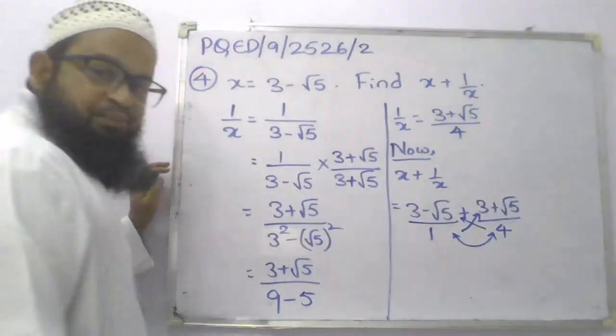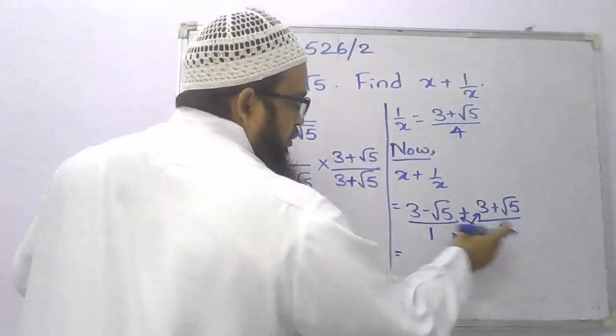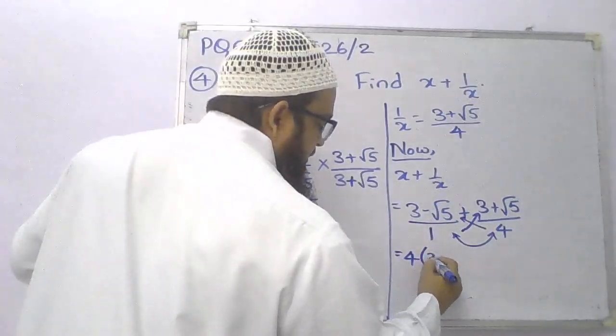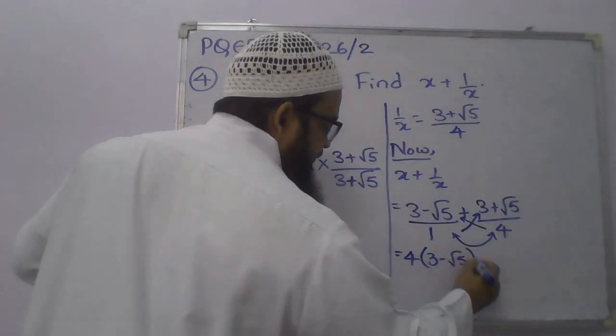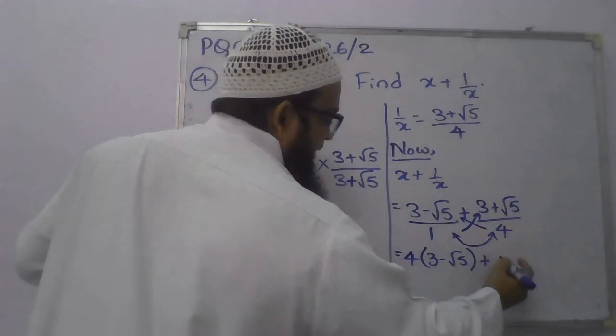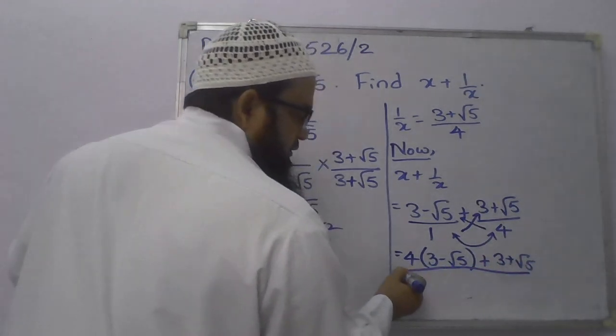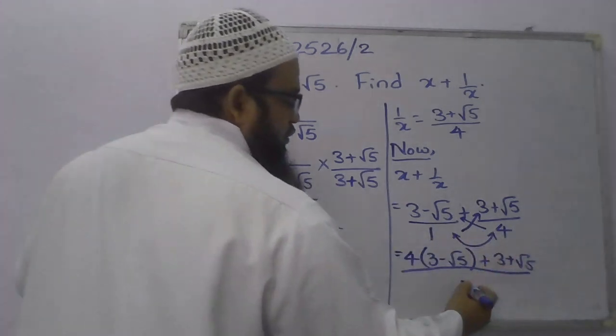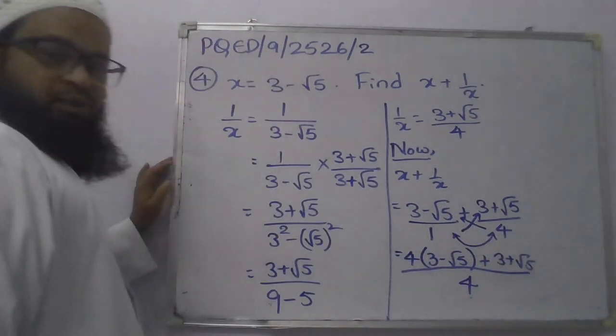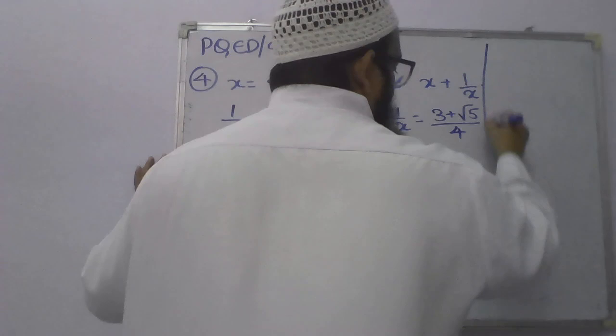This is LCM. So what to do? 4 times 3 minus root 5 plus 1 times 3 plus root 5. So it will be 3 plus root 5. And the common denominator is 1 4s are 4. Okay, I do not have place, so I am writing over here.